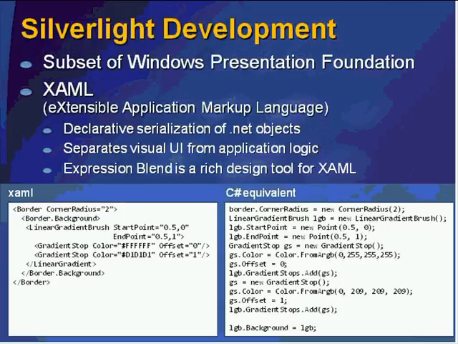We have an example of some XAML code and the C# equivalent of that code. You might notice that the XAML is more concise, and also that we could easily separate it from the application logic. Expression Blend is a great design tool for building out your XAML, and I'll show you how that integrates with Visual Studio as well. That's a great way for your designers to build these rich UIs.